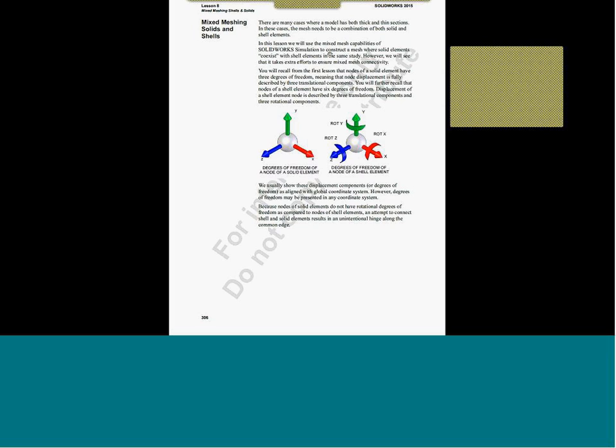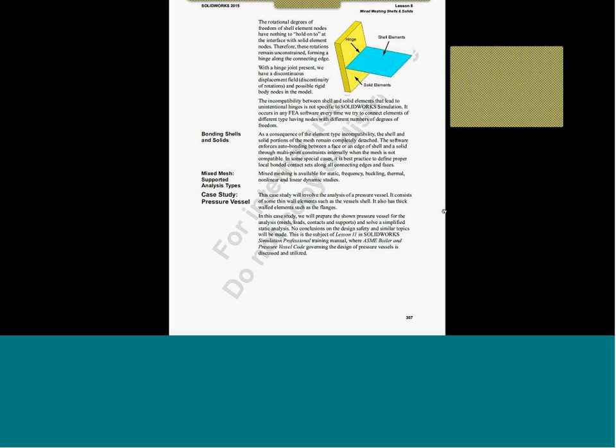This chapter is on mixed meshing. We are mixing shell and solid elements, and we'll have a look at what are the important things that we need to take care of. By default, when you fix a shell to a solid, high chances, the way it is connected, some things happen internally, and it is not exactly ending up in a hinge kind of condition.